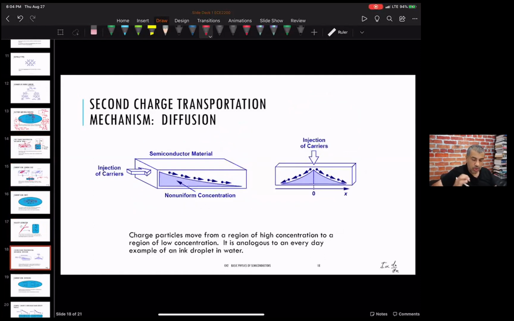Okay, so drift current goes in the direction of the electric field. If there is no electric field or no potential across the semiconductor, there's also no drift current. The second type of current transport in semiconductors that does not exist in conductors is called diffusion.